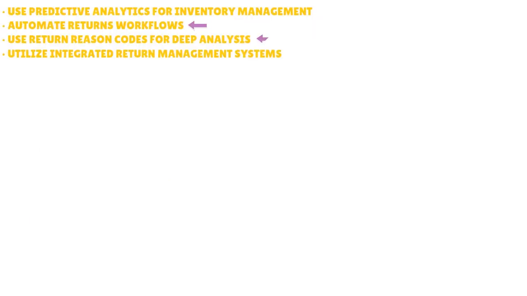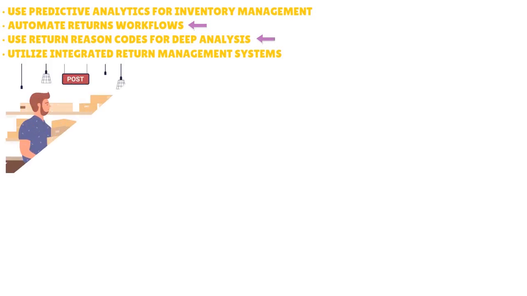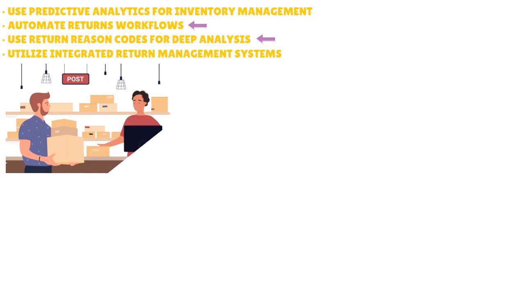You also want to use return reason codes for deep analysis. Using detailed return reason codes helps you understand why products are returned, and analyzing this data regularly can reveal trends and root causes, leading to better product decisions and higher customer satisfaction. That way you can identify some kind of patterns going on here.